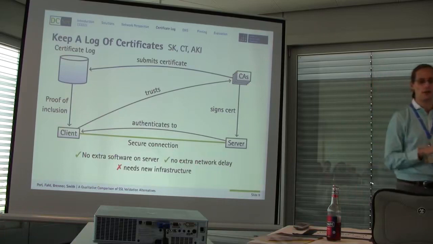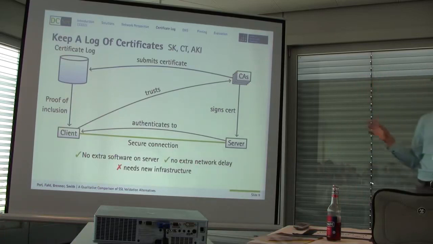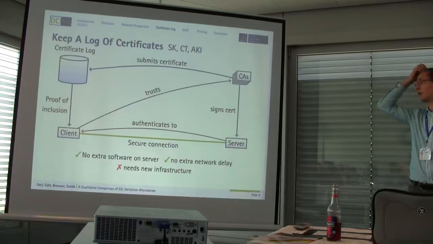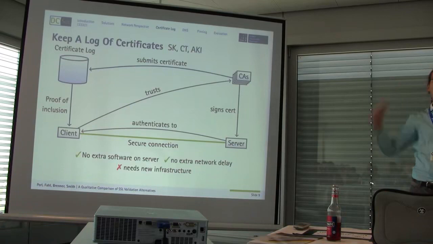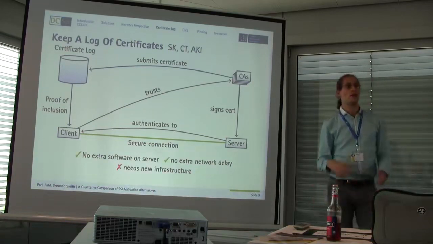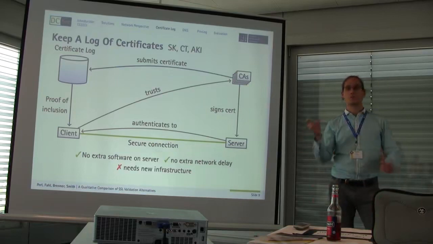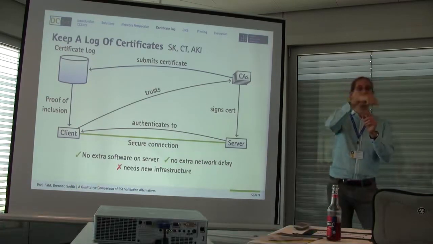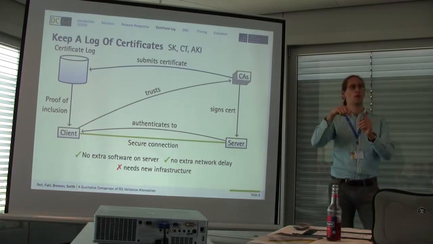Yeah, that's a good question. Actually, to explain that in detail, I would need to go a lot more into detail of how CT, for example, works. But they do that by using a Merkle hash tree. So you have leaves, and you hash all the leaves, and then for the node up, you hash the left and the right node.